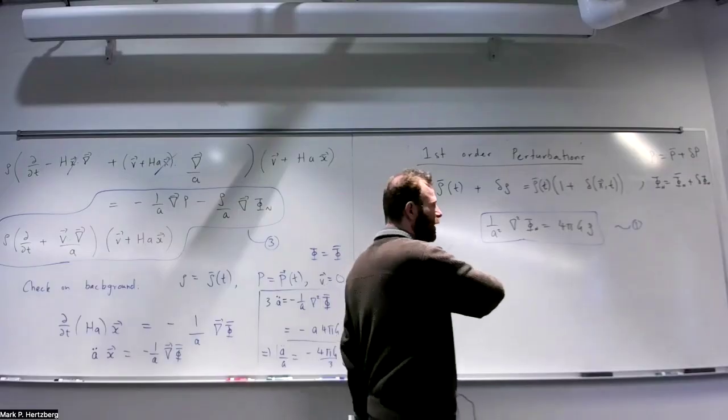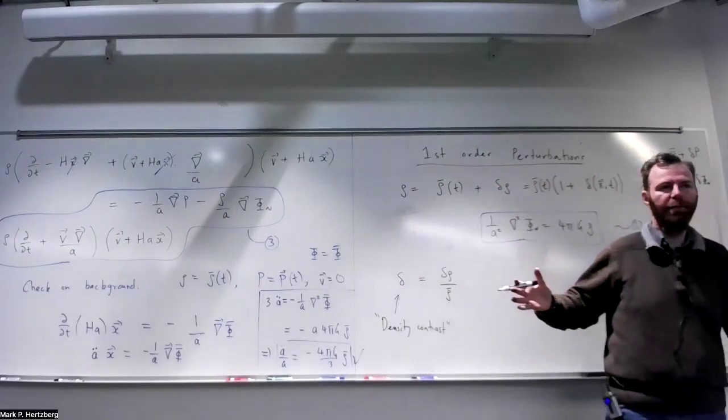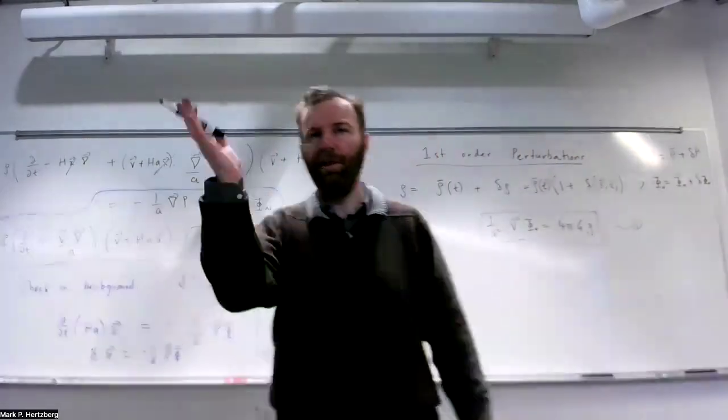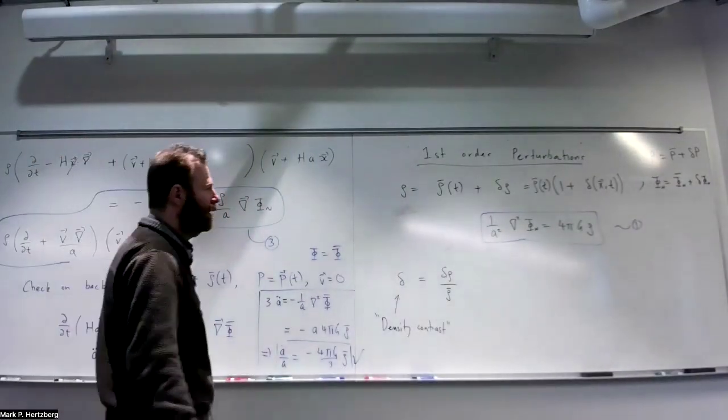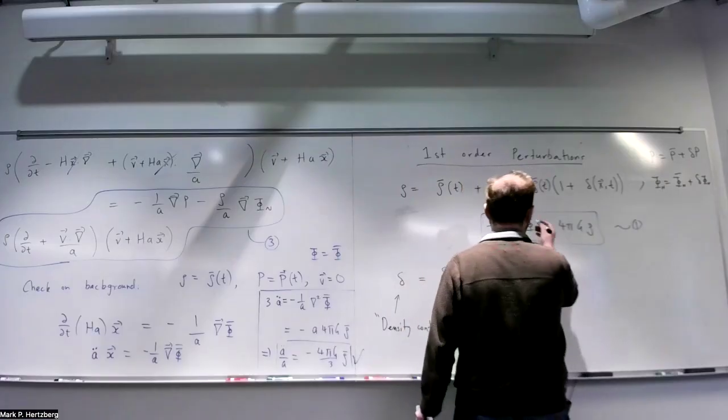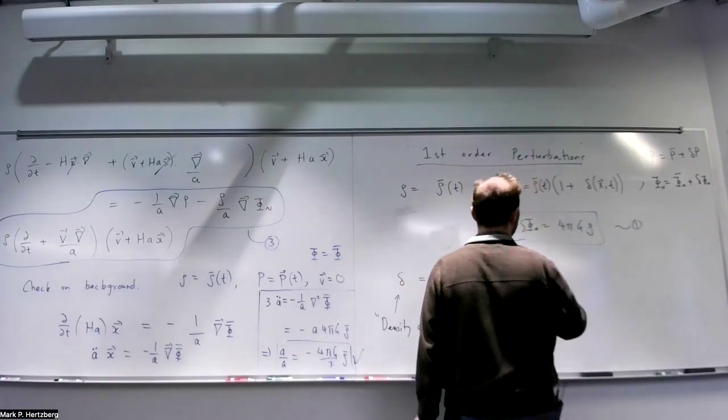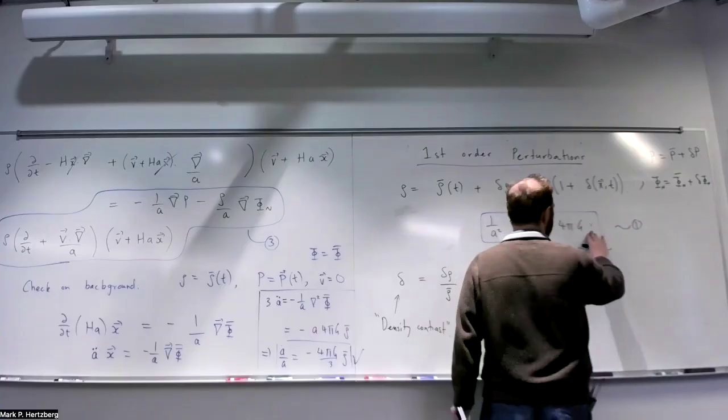Now remember, we've already checked that everything works at the background level. So any zeroth order equations, you just delete them. They're already satisfied. Only write down the first order perturbation. So here, the first order perturbation in phi is what we're calling delta phi. Over here, I should write delta rho.